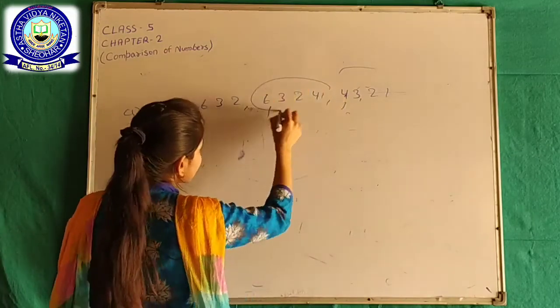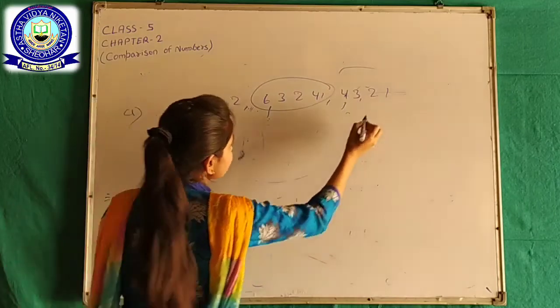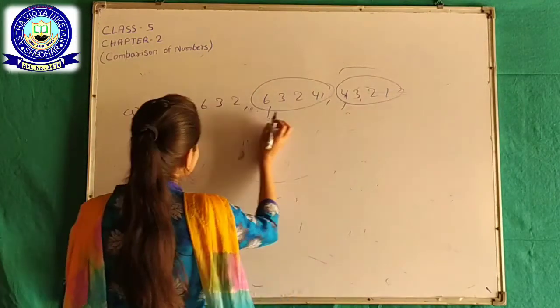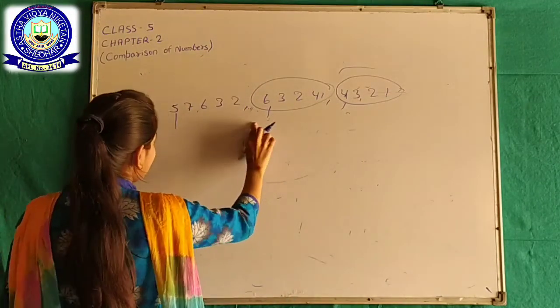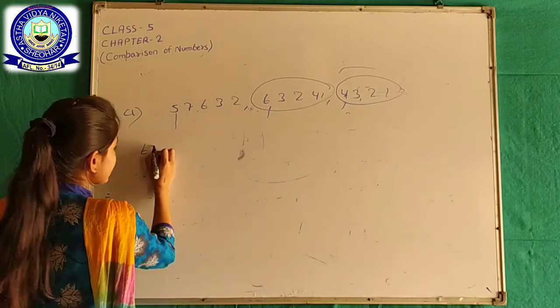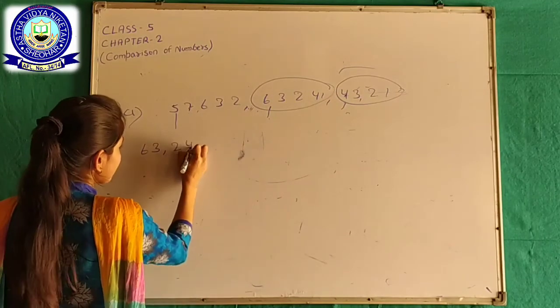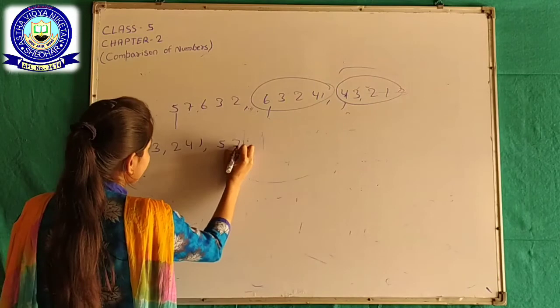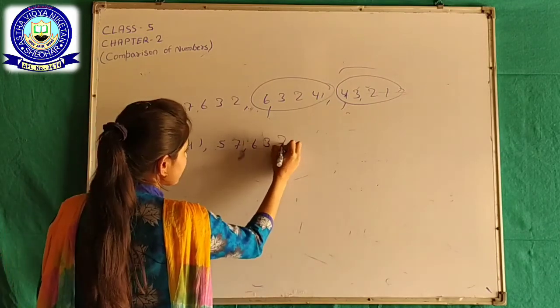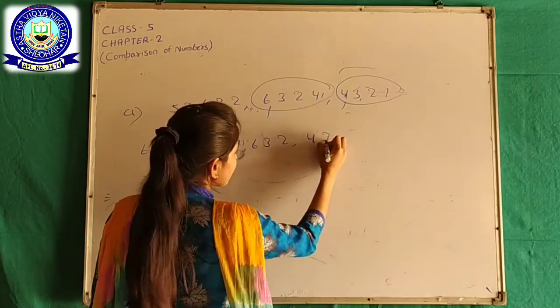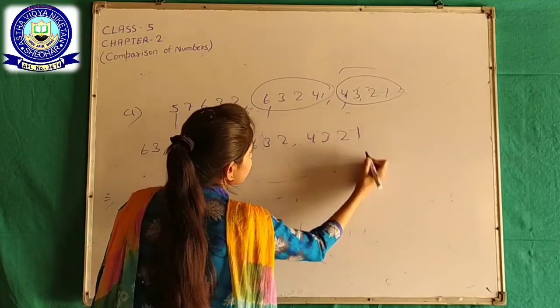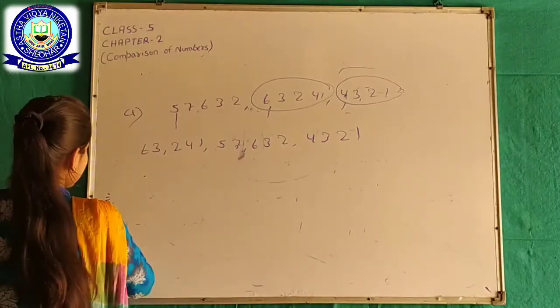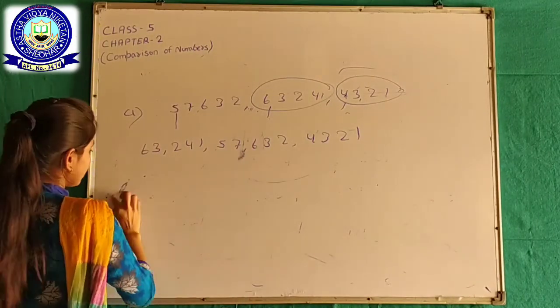This is the largest number of this series and this is the smallest number of this series. First of all, you have to write the largest number, 63,241 and then 57,632 and then 4,321.